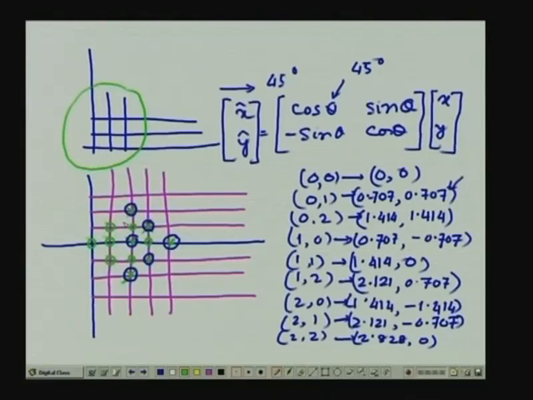So, whenever I find any point in the rotated image where there is no information, that particular coordinate I have to inverse transform, that is I have to give a rotation to that point by minus 45 degrees, go back to the original image point. Obviously in the original image these row and column indices will not be integers, but real numbers or fractions.